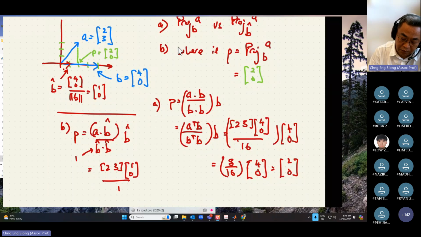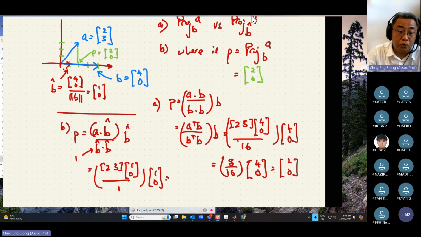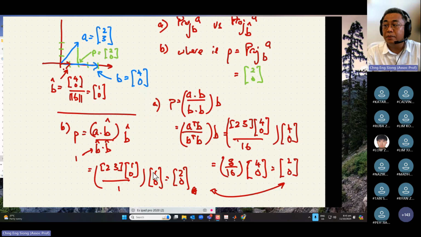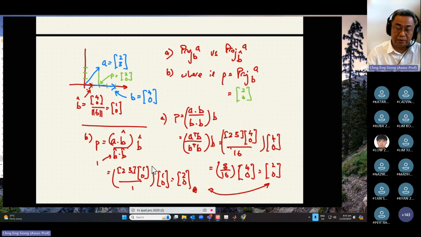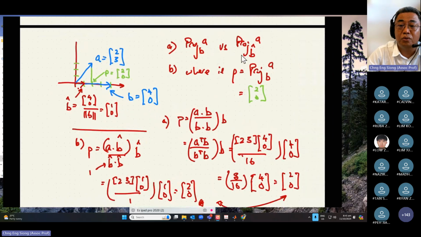The answer is 2 times 1 plus 3 times 0, which is 2. The answer is 2, 0. And the answer is the same. Okay, everybody happy? So in this one nice picture, we answer 2 types of very simple quiz question.